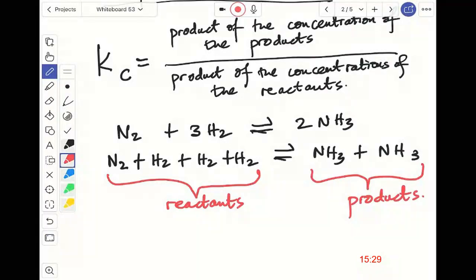Right, so let's use that equation and write an expression called the equilibrium expression for this particular reaction.